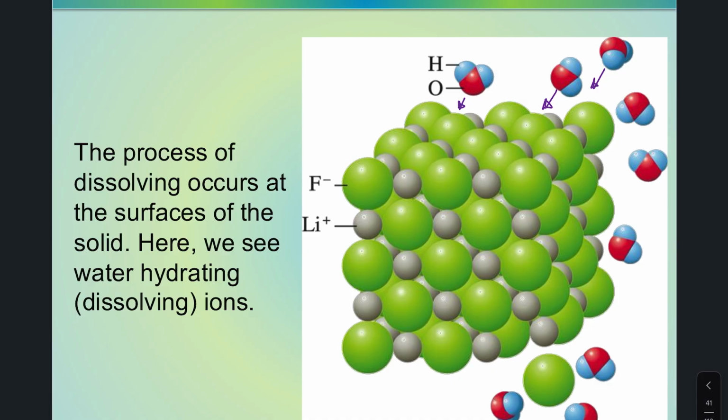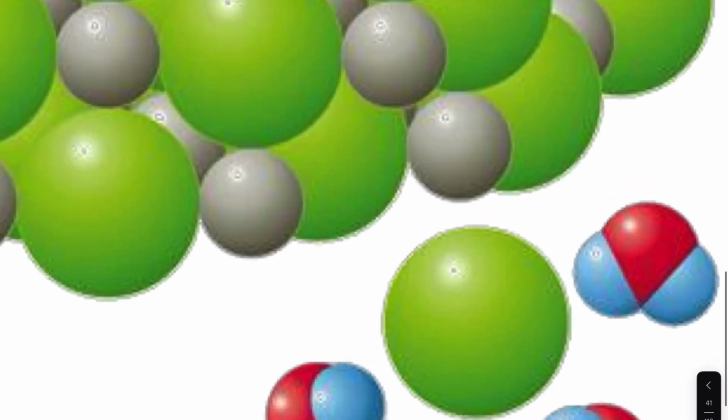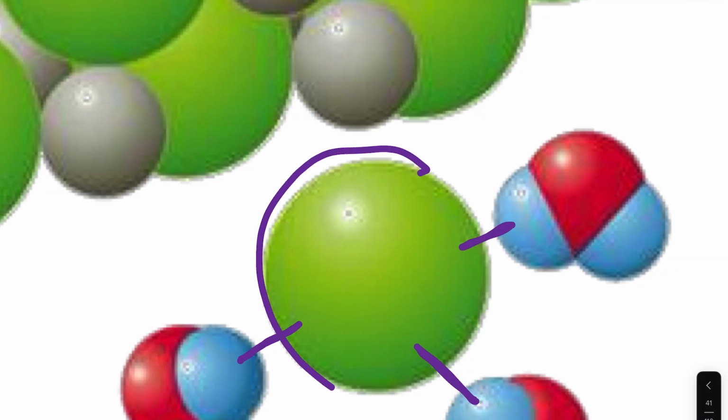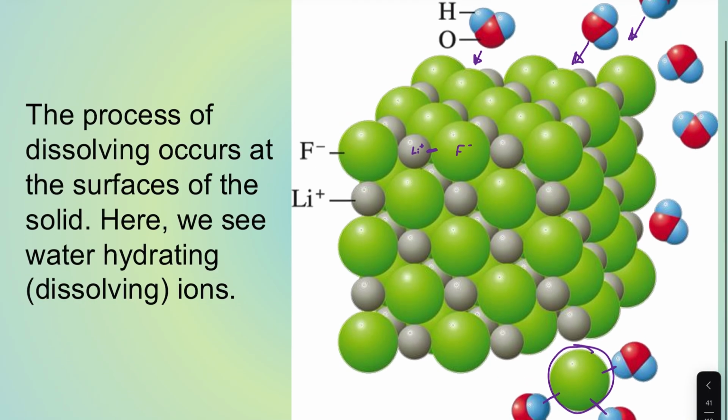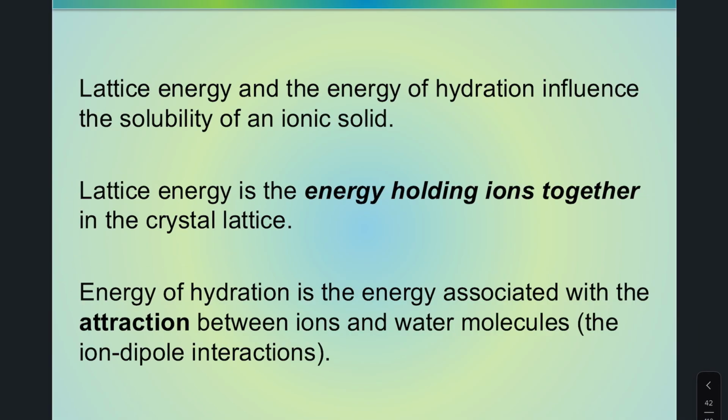And so, if the force between one of the lithium plus and fluorine minus ions, like right here, is weak enough, then you can get the extraction of those ions into solution, and you have interaction with the water molecules to pull that ion away from the rest of them. And so that would be the actual act of this crystal dissolving in the solvent, which is water.